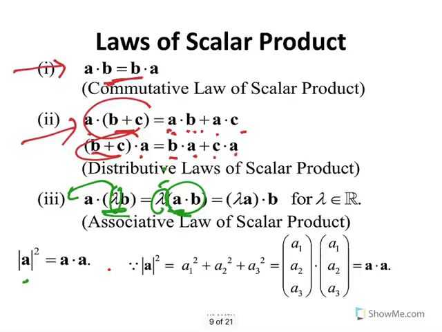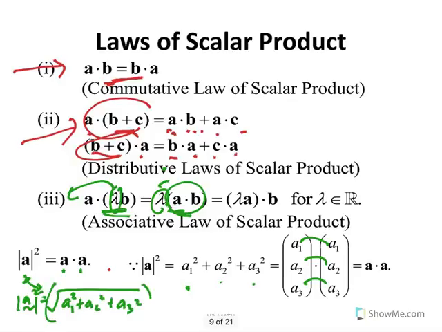Last but not least, if you look at the last example, a dot a is a1 squared plus a2 squared plus a3 squared by virtue of the operation of scalar product. In a way, this looks like the modulus of a squared. The modulus of a is the square root of a1 squared plus a2 squared plus a3 squared, correct? If we square this, the square and the square root cancel out, so we end up with a1 squared plus a2 squared plus a3 squared, which looks exactly like our scalar product.